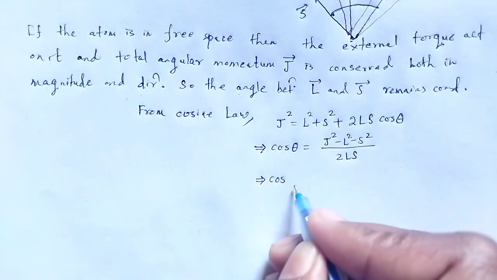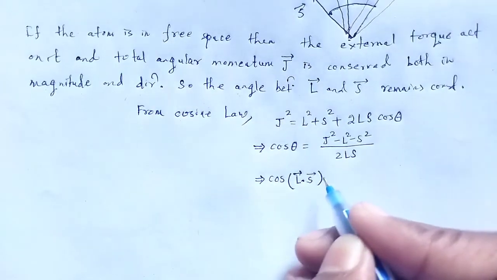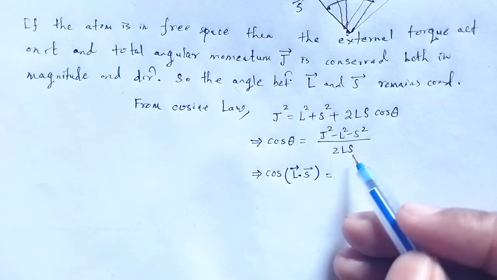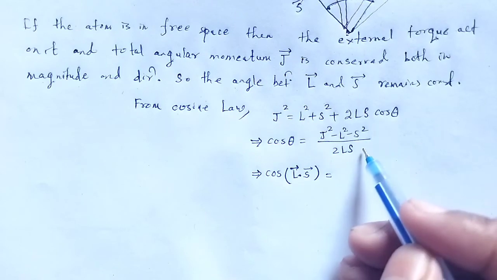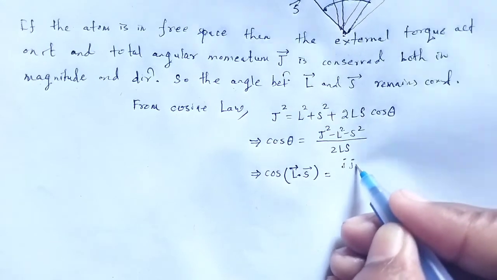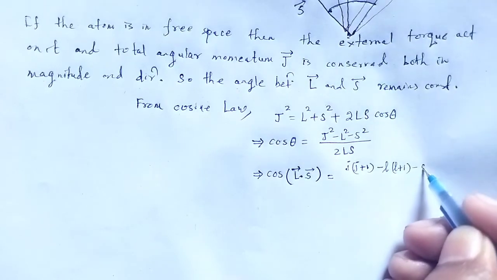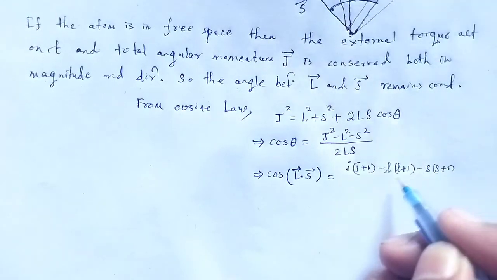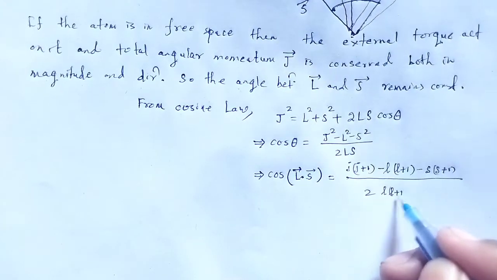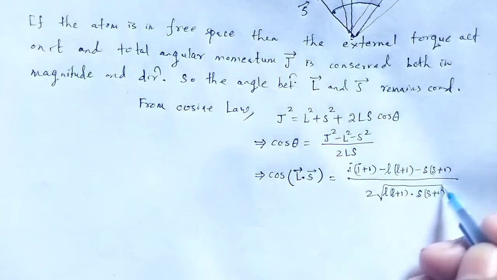Cos theta is the cosine of the angle between L and S. In place of J squared we can substitute J into J plus 1 times h cross, and the h cross terms in numerator and denominator cancel. So we have J(J+1) minus L(L+1) minus S(S+1), divided by 2 times the square root of L(L+1) and S(S+1).